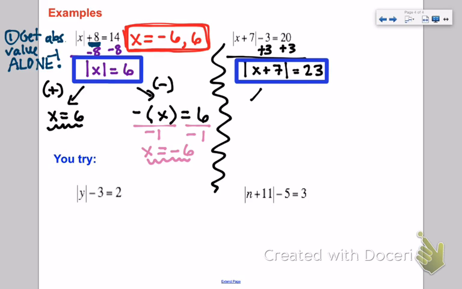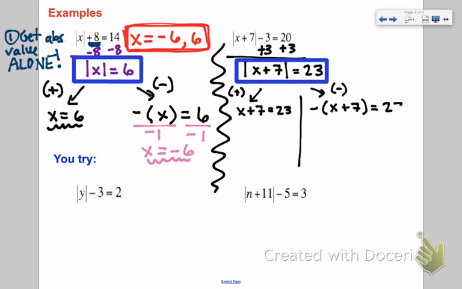So from there, positive case and my negative case. Take what's inside, just drop the absolute value bars. X plus 7 equals 23. Over on this side, I put what's in the absolute value bars in parentheses, put a negative on the outside and set it equal to 23.